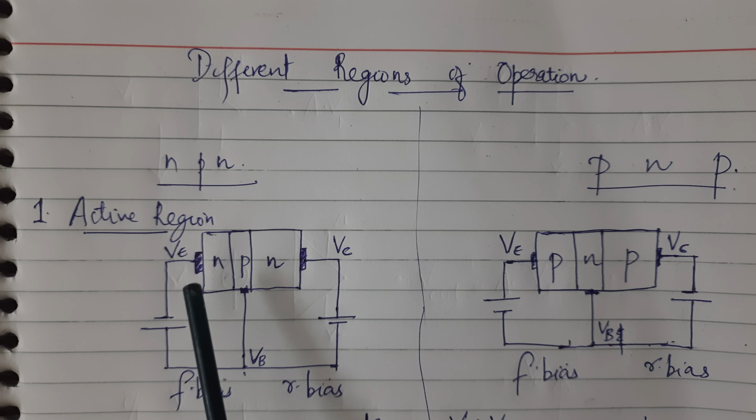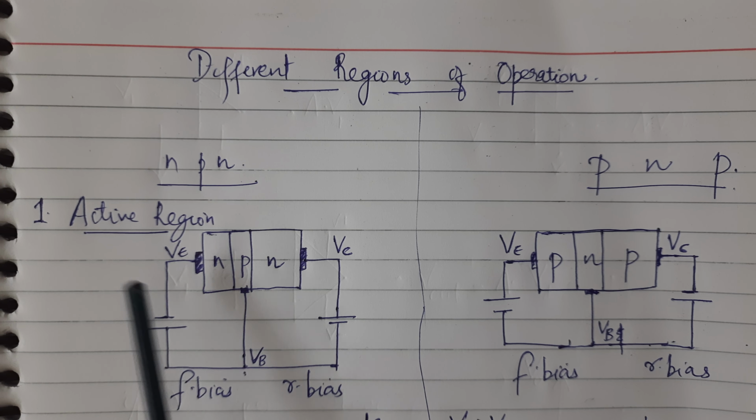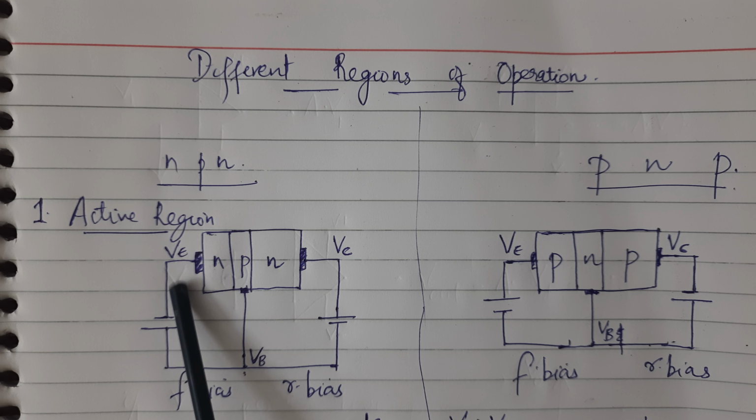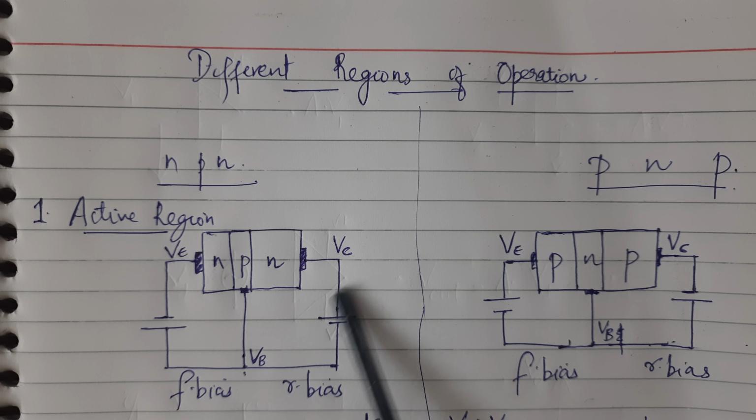In the active region, we apply a voltage between the base and emitter, and this junction will be forward biased, and the base-collector junction will be reverse biased. You know what forward bias and reverse bias are.